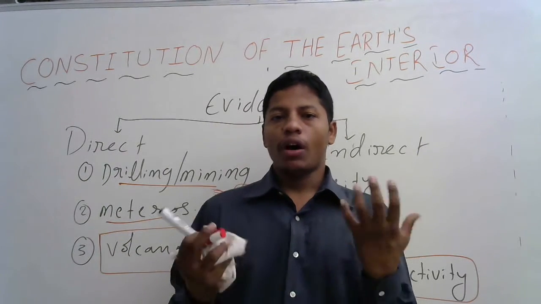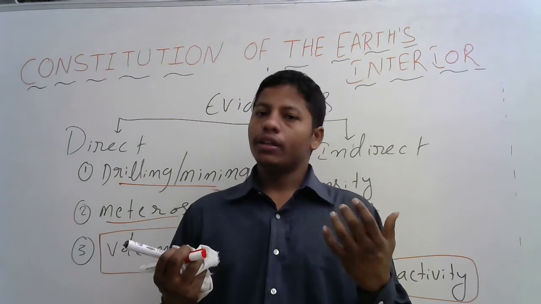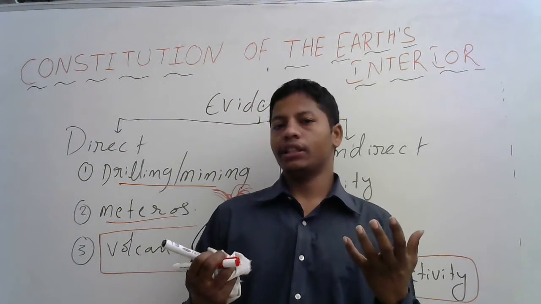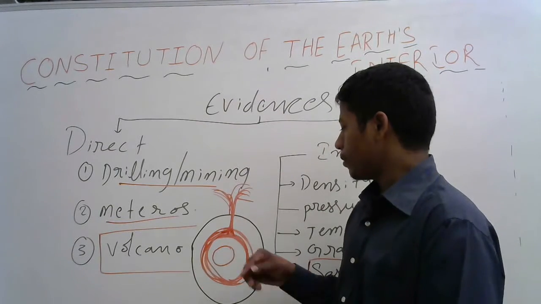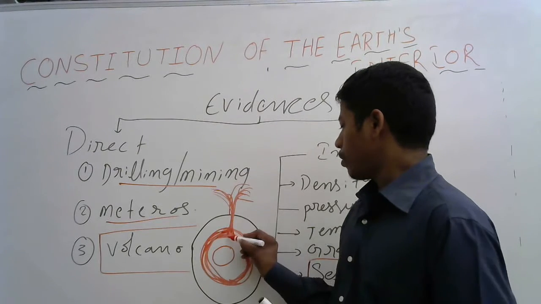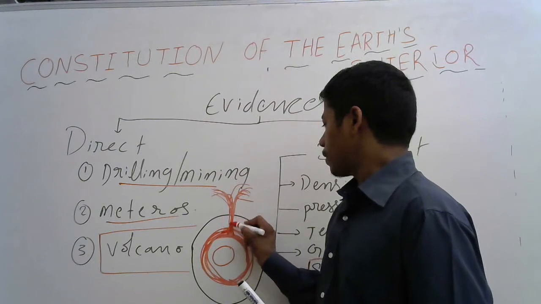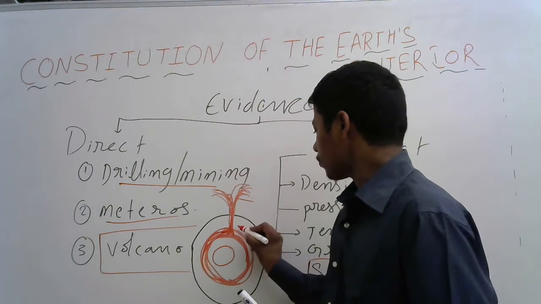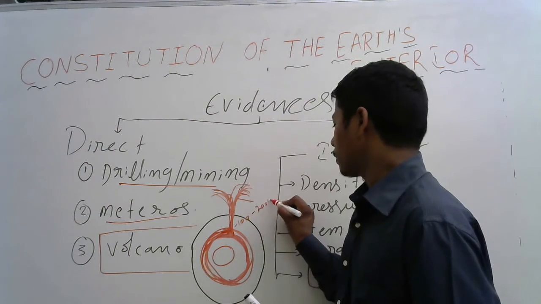How do we know this solid, semi-solid or liquid nature in the earth interior? Volcanoes help. If you erupt the volcanoes, a lot of gases, semi-solid particles, and liquid come from 100 to 700 kilometers depth.